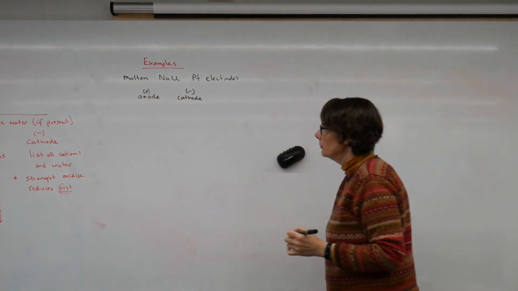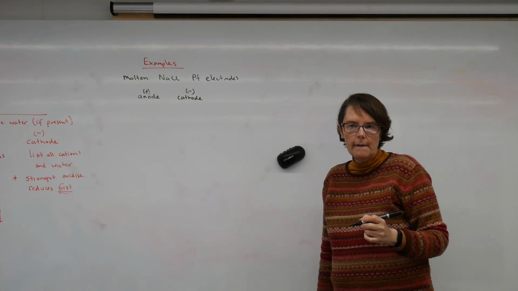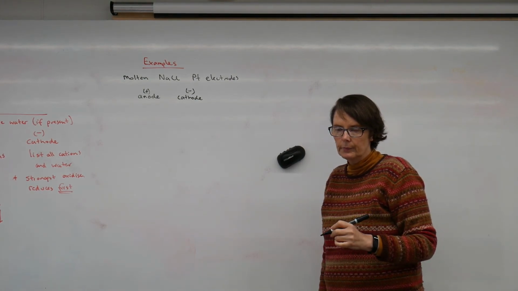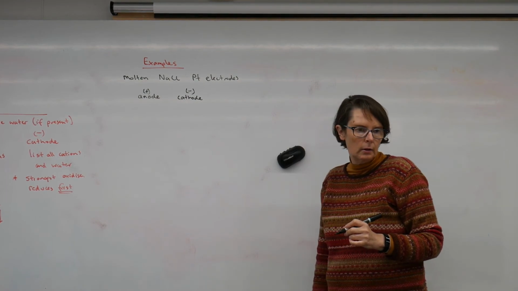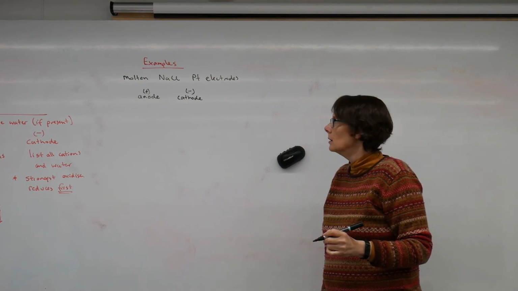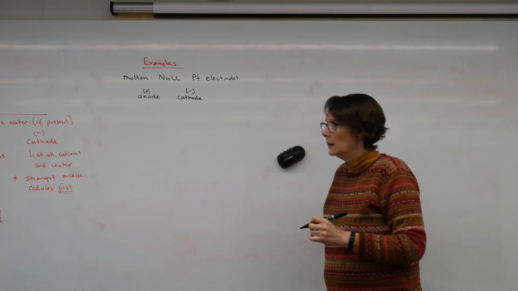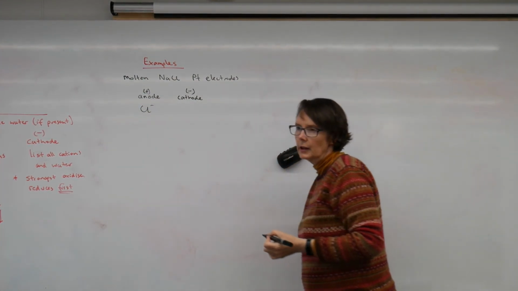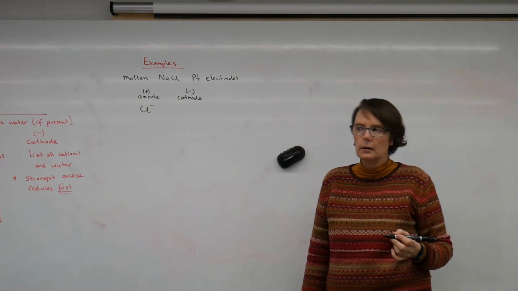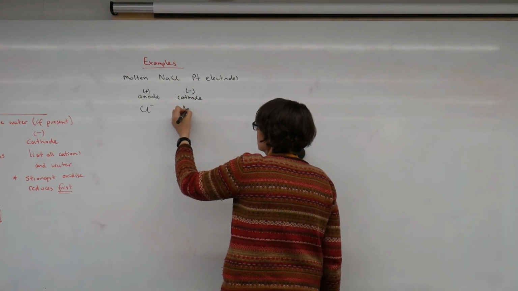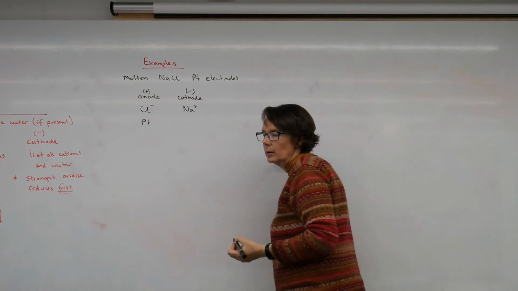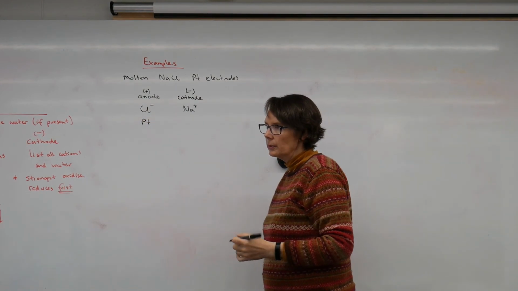What do we put for the anode? What will we list for the anode? Chloride ions. What do we list for the cathode? Sodium ions. We could put the platinum there as well, but we know it's not going to react.